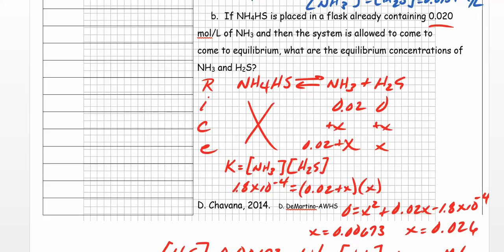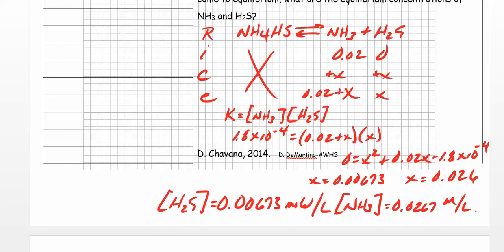So now let's just do a quadratic. We've got 0 equal to X squared plus 0.02X minus 1.8 times 10 to the minus 4. Remember, you've got the quadratic formula now, so make sure that you use that, or use that program. So the X that I get is 0.00673.